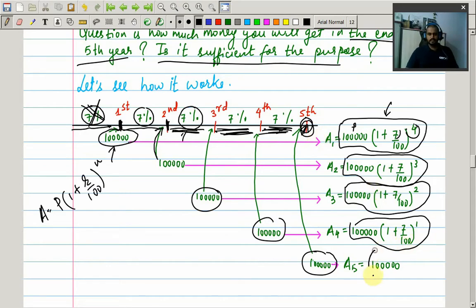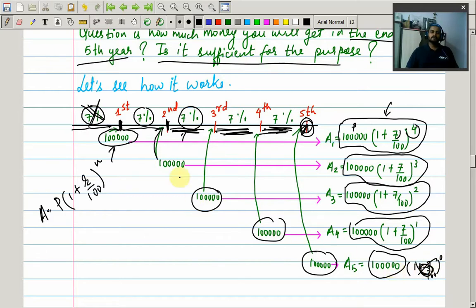So your last installment is as it is, or you can write it as 1 plus 7 upon 100 raised to 0. So it makes a pattern, 4 3 2 1 0. Anyway, anything raised to 0 is 1, so only 1 lakh.